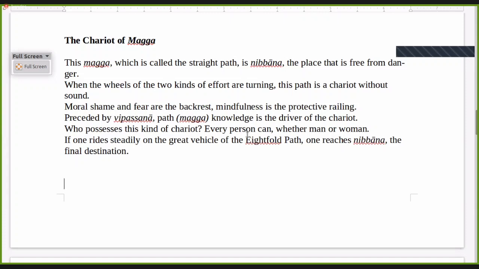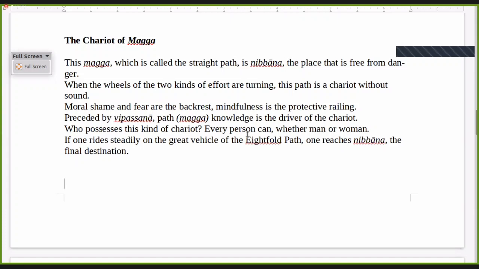The most important thing is mindfulness, the protective railing. And the driver is very reliable, preceded by Magga Jnana, and the Magga path is the driver of the Magga vehicle.